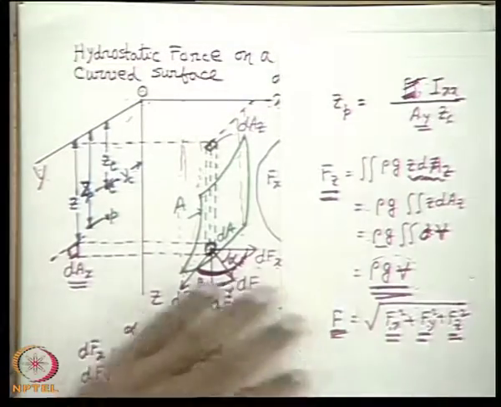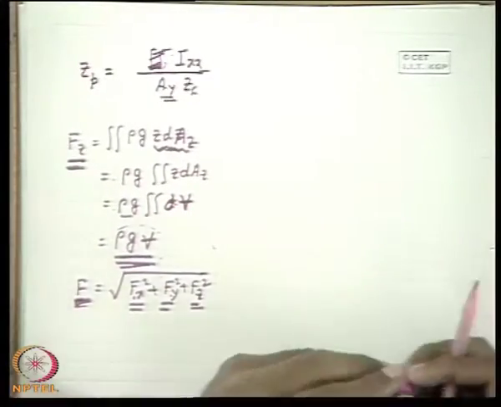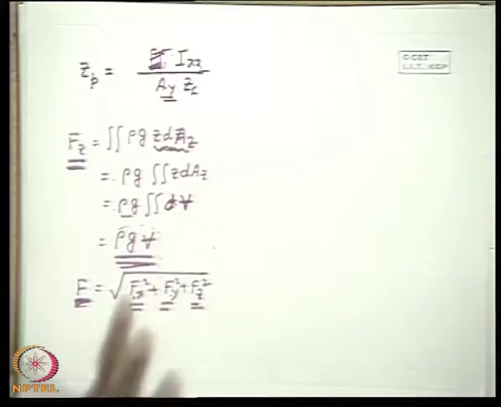So next I summarize the thing again by saying this: for a curved surface, the net hydrostatic pressure forces are found first by taking its components in referred directions. In any horizontal direction, the hydrostatic pressure force is equal to the force exerted on a plane surface, which is the projected surface on a plane perpendicular to that direction.